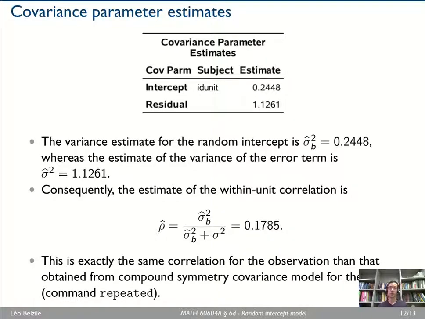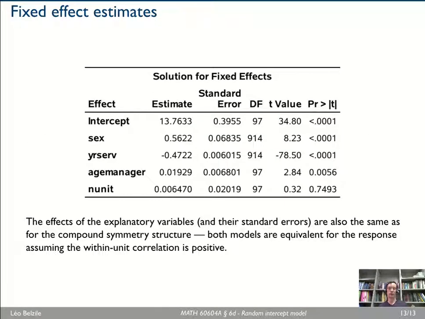So the group specific variability in terms of motivation score is 0.24, whereas the overall variability for the residual is 1.12, and you can compute the within unit correlation, and that's exactly the same we had with the repeated command and the compound symmetry model. And likewise, the parameter estimates are exactly the same.